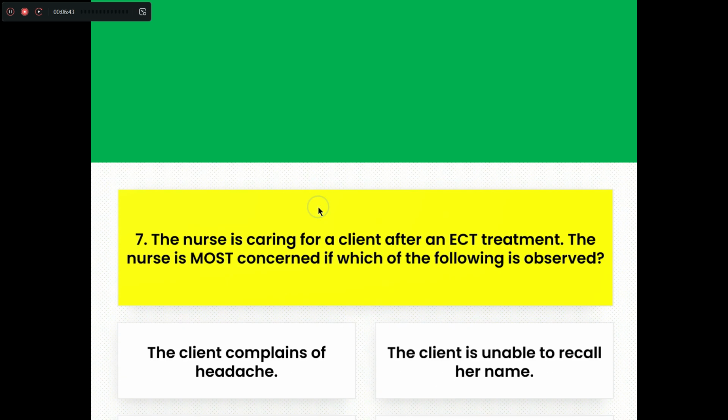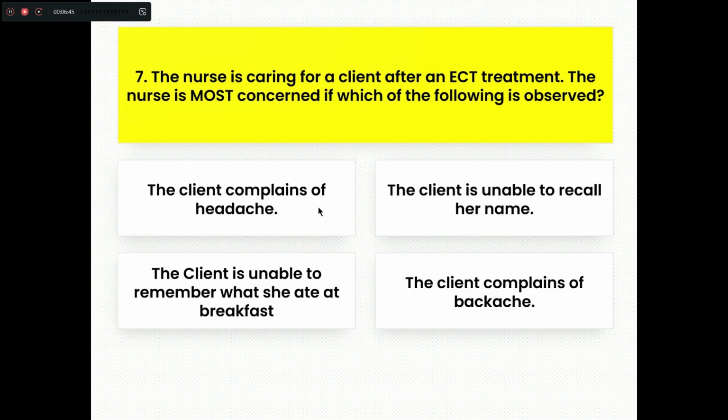Move on to seventh question. The nurse is caring for a client after an electroconvulsive therapy treatment. The nurse is most concerned if which of the following is observed. Option A, the client complains of backache. Option B, the client is unable to recall her name.